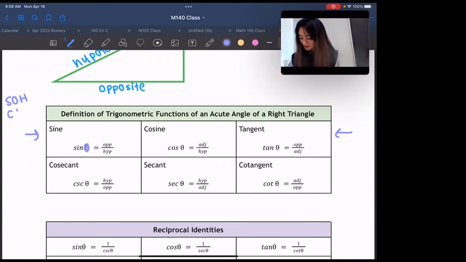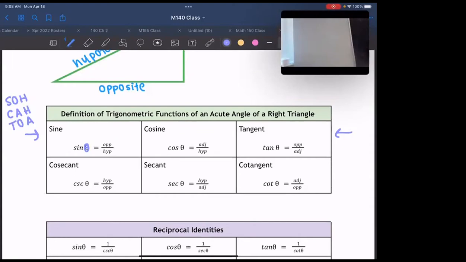Cosine is the adjacent over the hypotenuse. And tangent is the opposite over the adjacent. So this is a way you can memorize this. You will have to memorize what sine, cosine, and tangent mean. Okay. Any questions on sine, cosine, and tangent? All right.